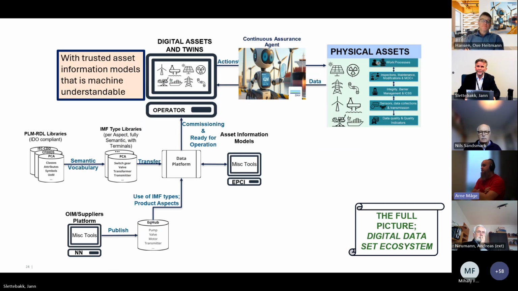I've seen most of these drafts and diagrams before, but I don't recognize this continuous assurance agent. It also popped into the diagram a couple of times earlier, where it interacted with both the PCA libraries and the IMF type libraries. Since I have a role in the management and construction of those libraries, I'm kind of wondering, what is it?